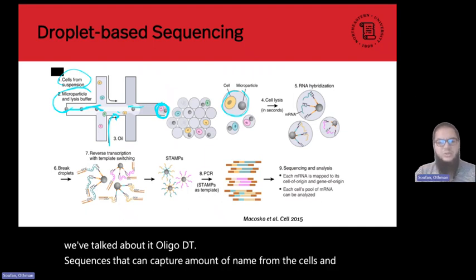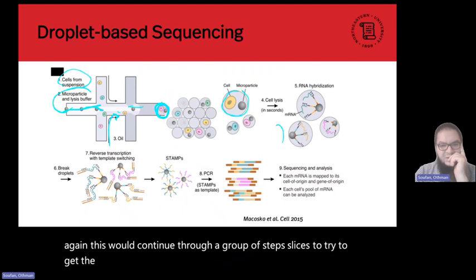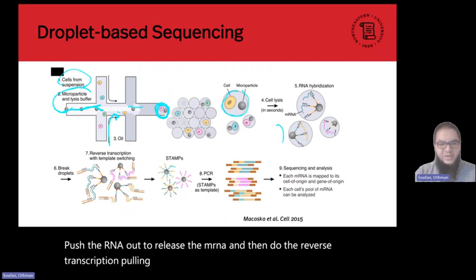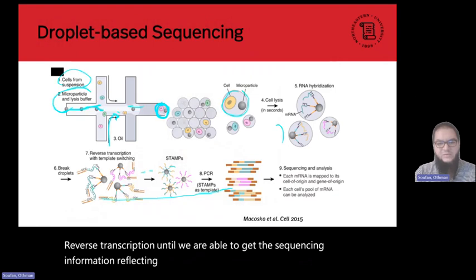And again, this would continue through a group of steps: cell lysis, to push the RNA out and release the mRNA, and then reverse transcription, pooling, amplification, and so on and so forth, until we are able to get the sequencing information reflecting these types of cells.